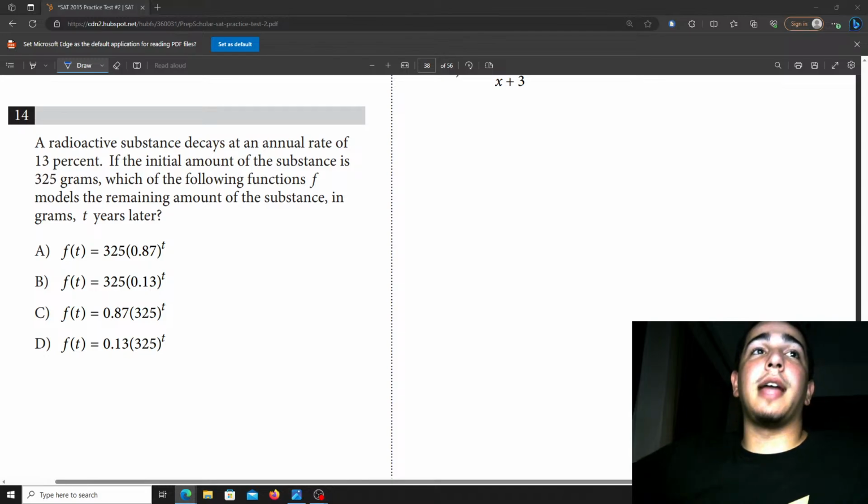All you have to do is put an answer in the chat and I'll explain how to solve number 14, whether you get it incorrect or correct. You guys can do it.